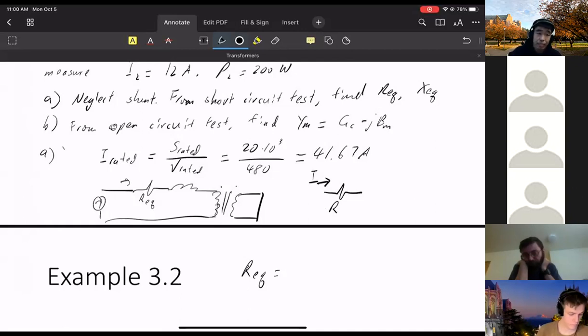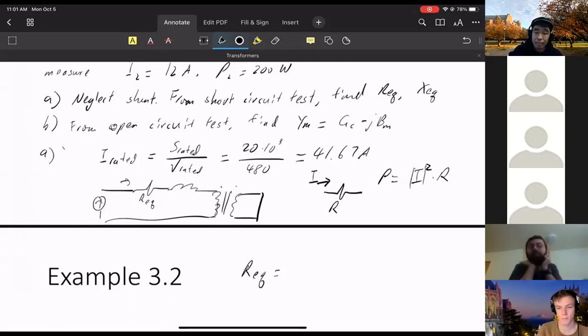From this resistor's perspective, the phase doesn't matter. I'm a resistor, I don't care about the phase of the current flowing through me. So the power dissipated is the magnitude squared times R. Because I have the magnitude of the current, I have I squared R loss through this resistor.